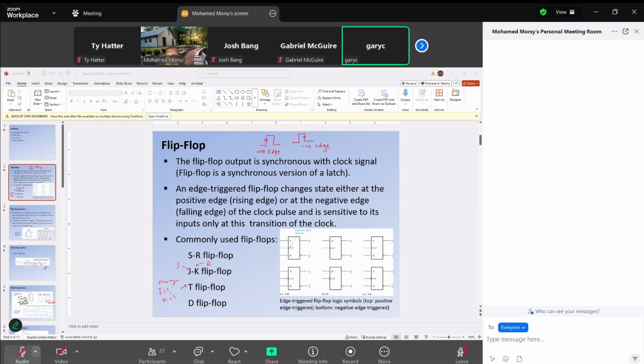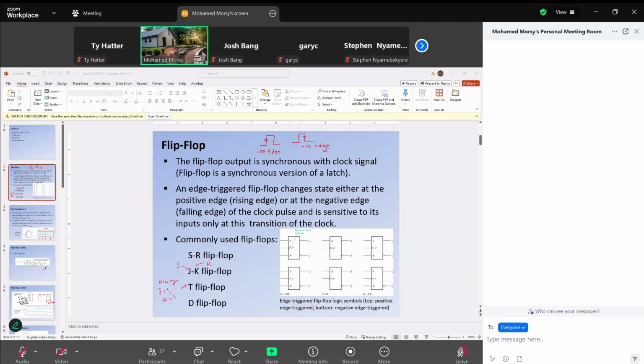Invalid input. Invalid input for what? For S and R? S and R shouldn't be 1. Exactly. Who said that? 28. Stephen? Okay, thank you, Stephen.